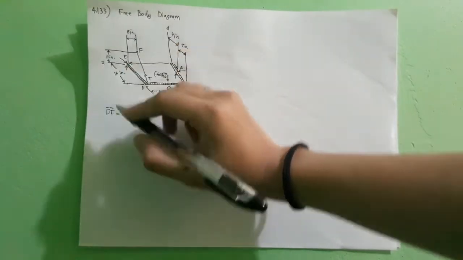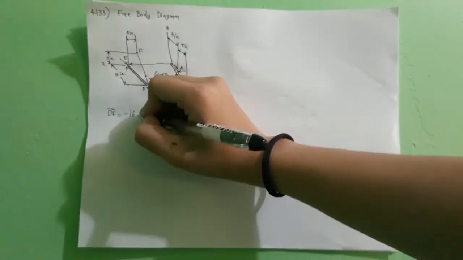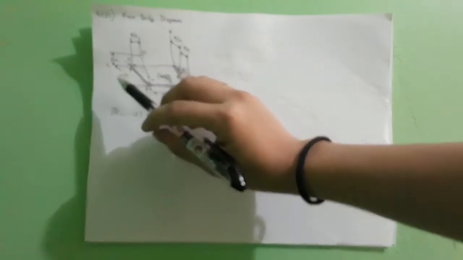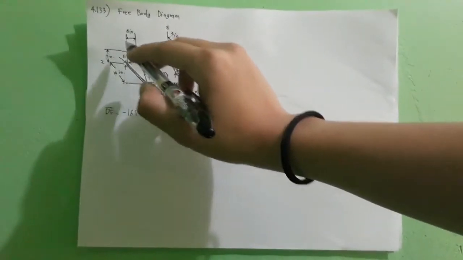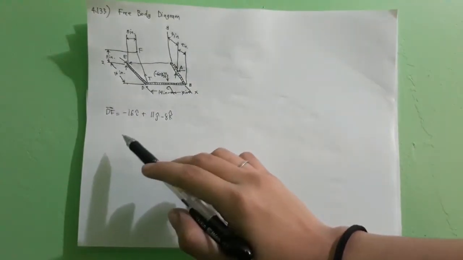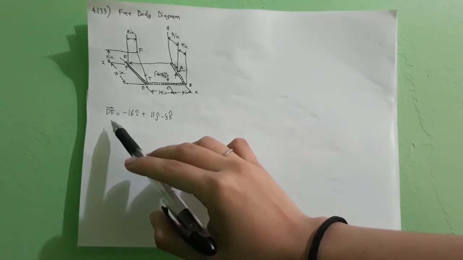In the x-axis we have negative 16 i, plus in the y-axis we have 11 j, and in the z-axis we have negative 8. Okay, then next is to find the magnitude of DF.